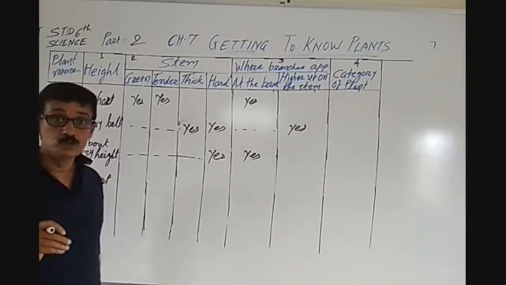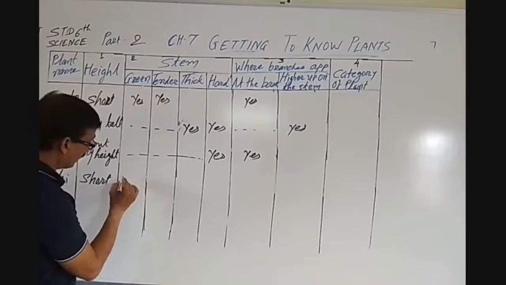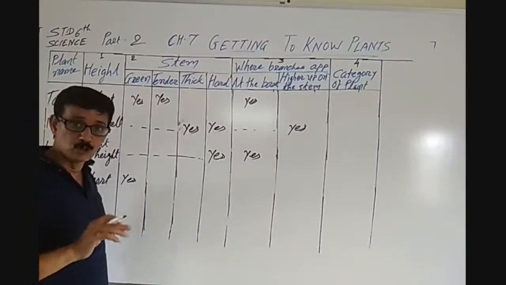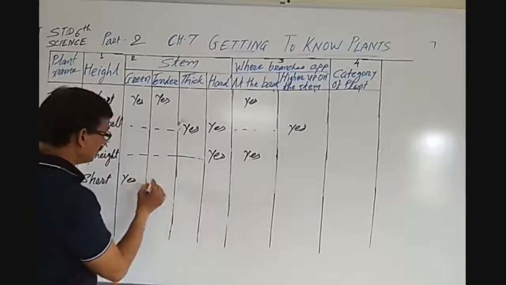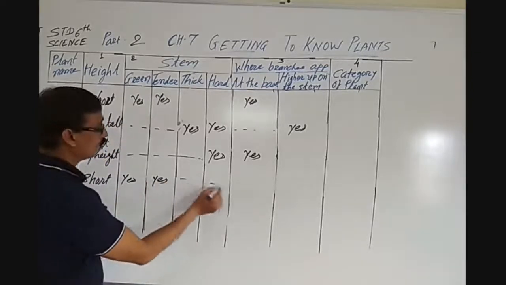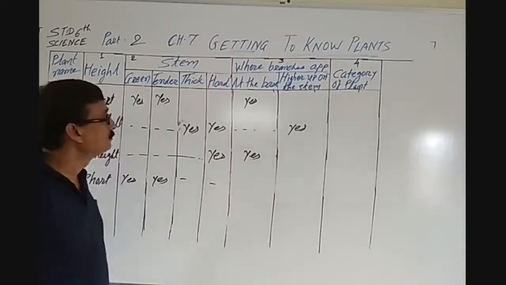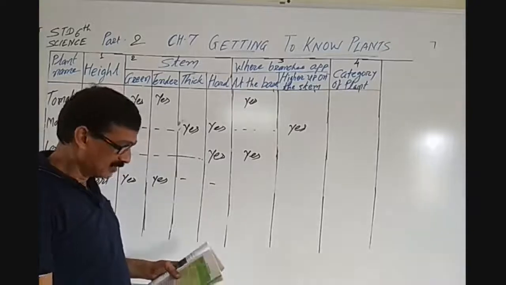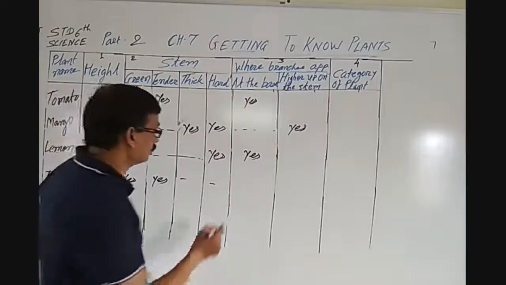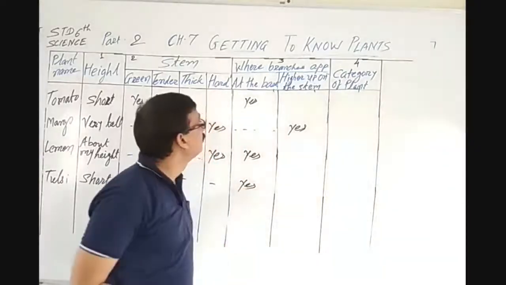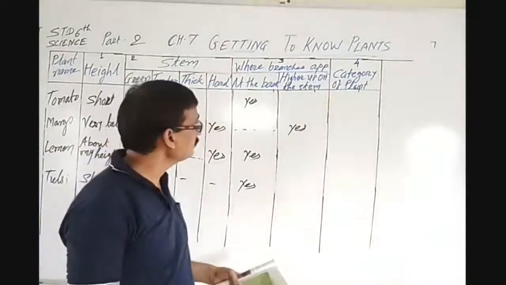Now its stem used to be green, so here I should write green. And it is tender also. You can bend it very easily. That is why it is tender. Not thick, not hard. Then at the base, the branches appear. Then we can say at the base. So if you want to write, then near the base.